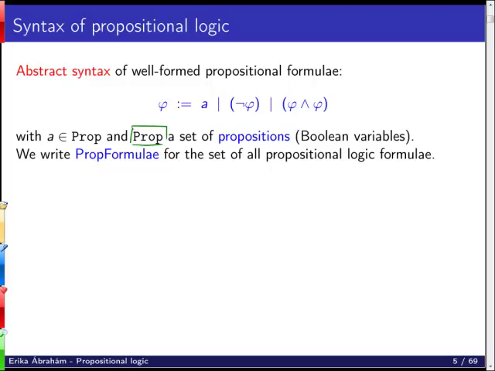In the same way you can use these atomic propositions to encode more complex statements, like the value of x is larger or equal to 0. This can be an atomic proposition. If it is true, then its value is 1. If it is not true, its value is 0.